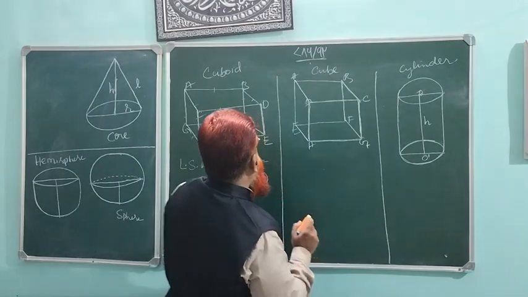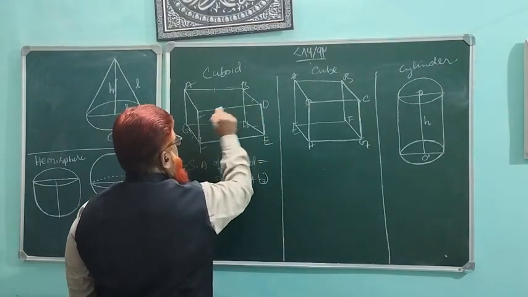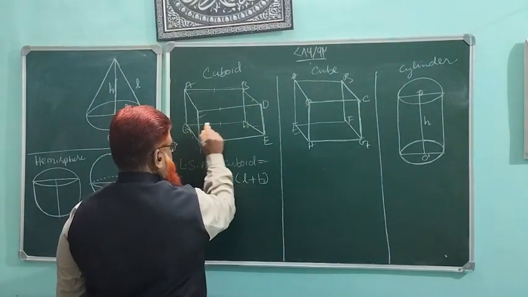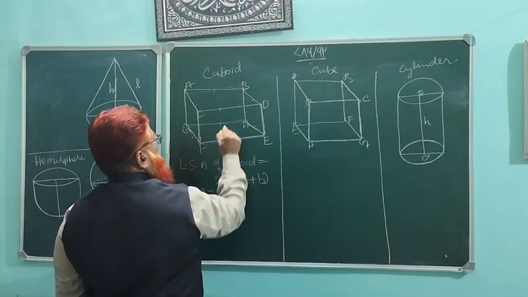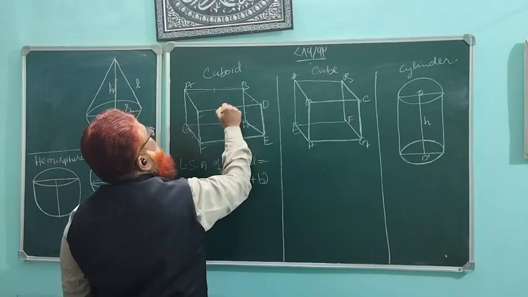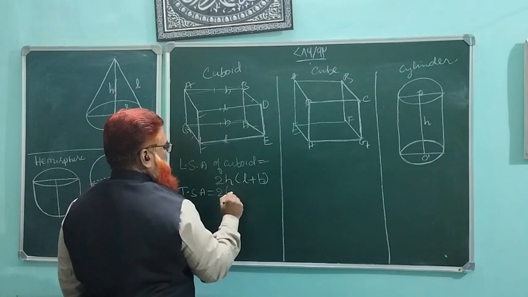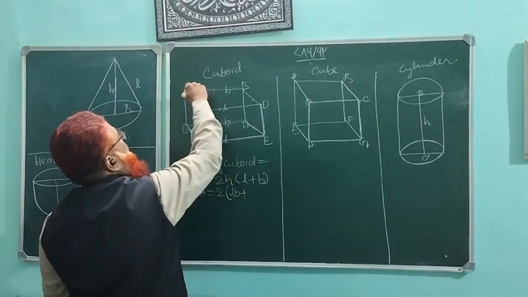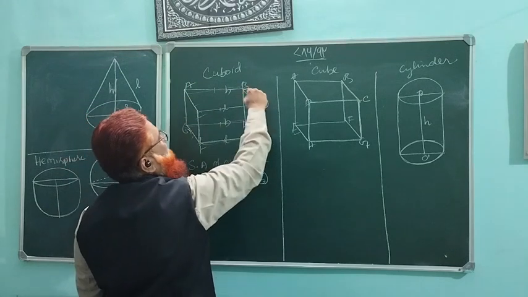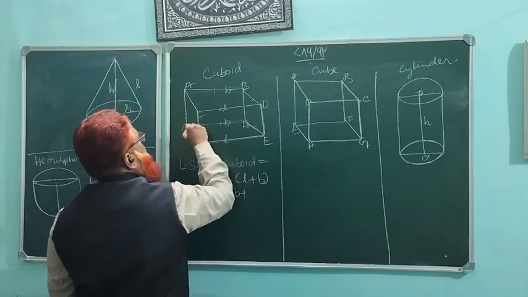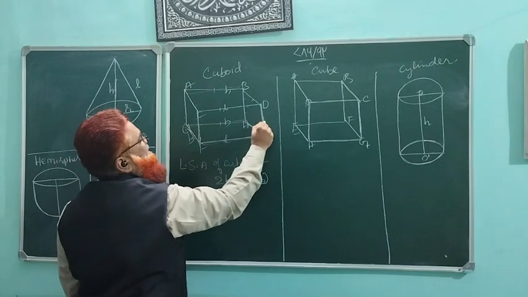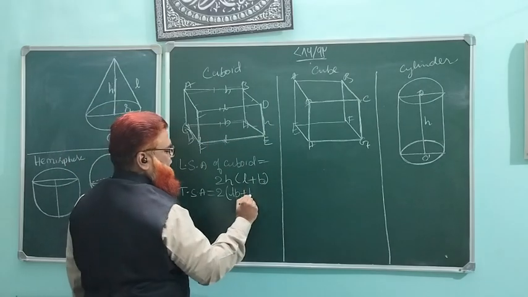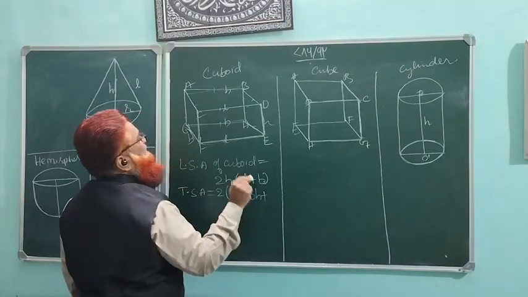For example, ABCD is associated with GHEF. So this is length and breadth, this is also length and breadth. So 2 length and breadth. Then similarly, ACGF and BDEH are associated with breadth and height, so it is 2BH.